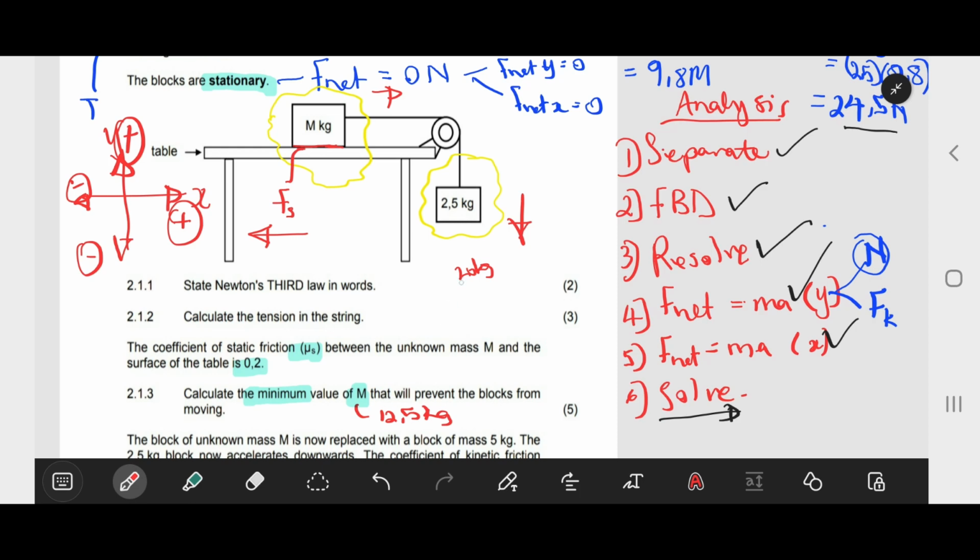So this 20 kg will prevent the blocks from moving. Even if you put 30 kg, 13 kg, any value which is greater than 12.5 kg will prevent the blocks from moving because it is heavier. But if you put any mass which is less than 12.5, this object will start moving. So that is why they said calculate the minimum, and the minimum we have found to be 12.5.